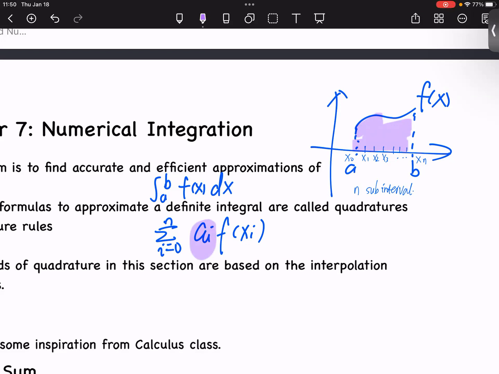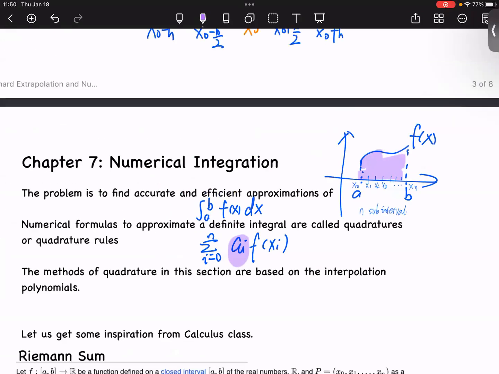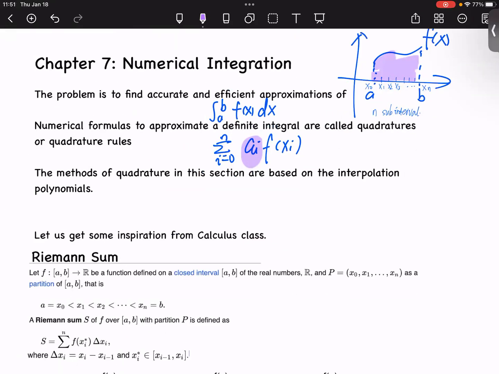These are the coefficients. And this method of quadratures, once again, is based on interpolation polynomials. You can use either Newton's form, Lagrange polynomials, or Taylor expressions. I think it's just the Lagrange or Newton's forms that we would use in this class.